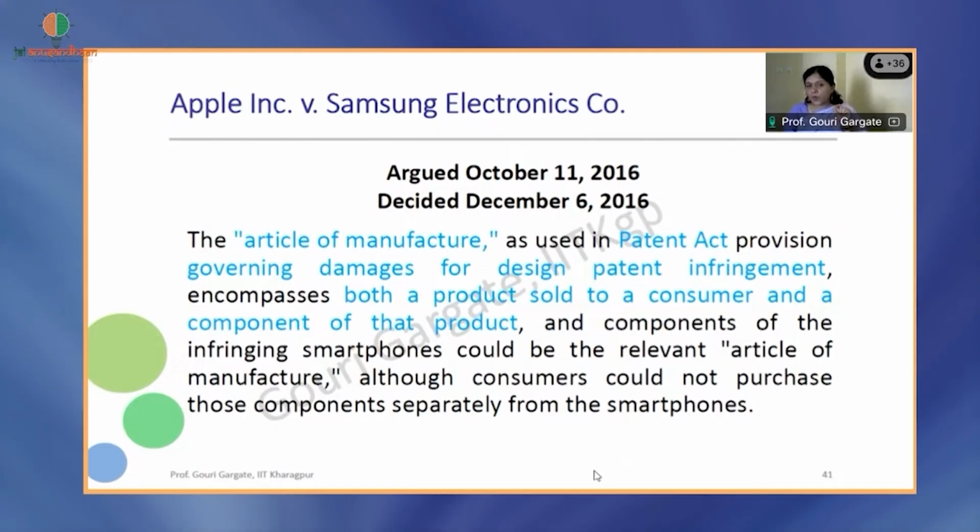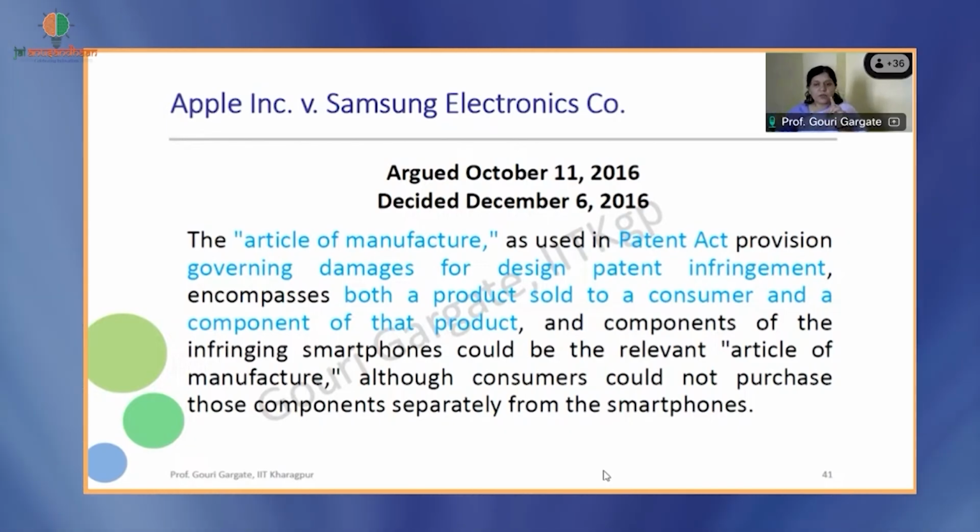Here the important part is the article of manufacture, and it is very well clarified that you are buying a mobile, but the components present in the mobile are important, as independently sellable. Maybe the consumer is not buying that separately, but is buying it as a whole mobile.